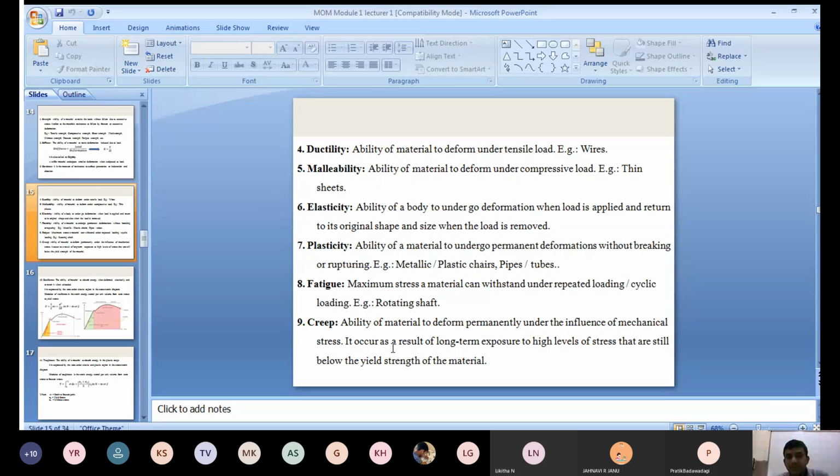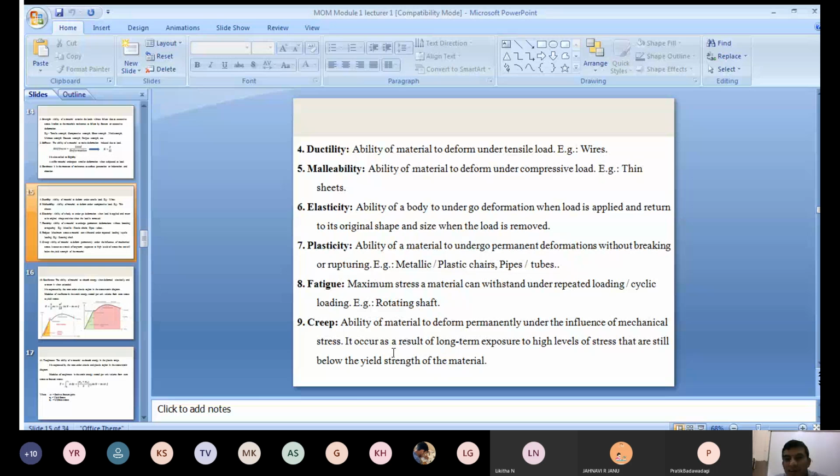Then fatigue is the maximum stress a material can withstand under repeated cyclic load. Best example in our home appliances, electrical switches or regulators. Each time you switch on and switch off, that is called a cyclic load, right? After some years or some days, the switches will fail to do their function.